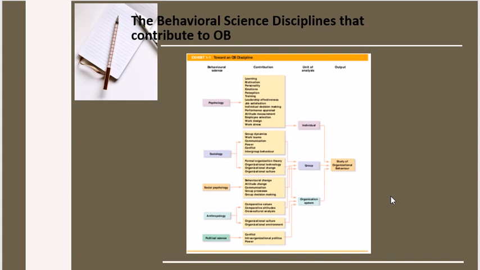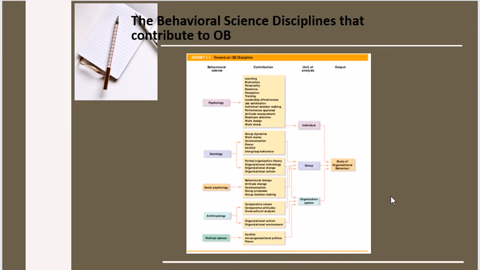So it studies people and their fellow human beings. So we look at how people move within the organization. We have social psychology, which blends the concepts of psychology and sociology. So it means the study of human behavior and at the same time the study of how humans work, how they move. So, we have anthropology. This is the study of societies to learn about human beings and their activities.